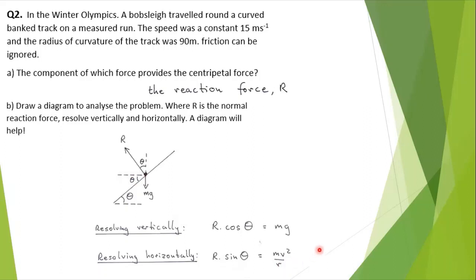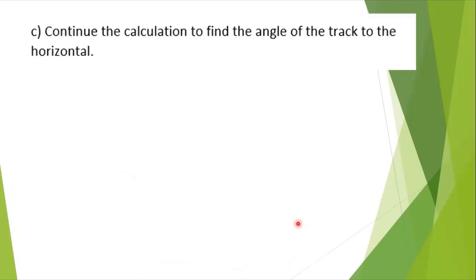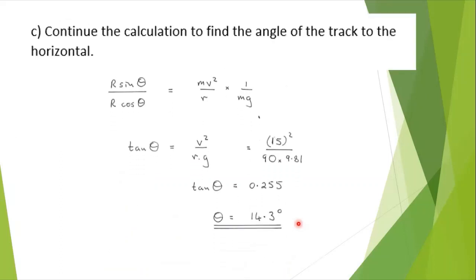Now, I'm hoping you're familiar with a particular identity. Sine theta over cos theta equals tan theta. So, mv squared over R and cos theta is mg. Let's see what we do with this.